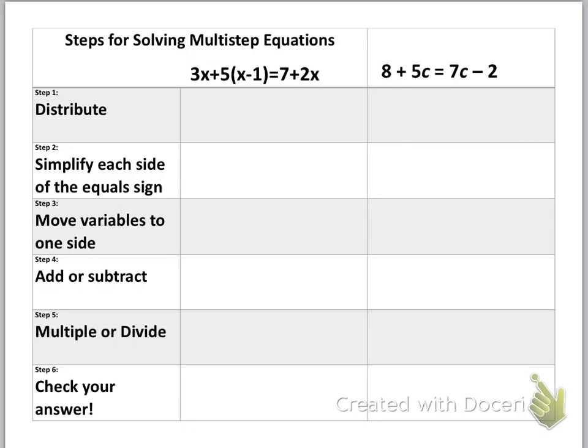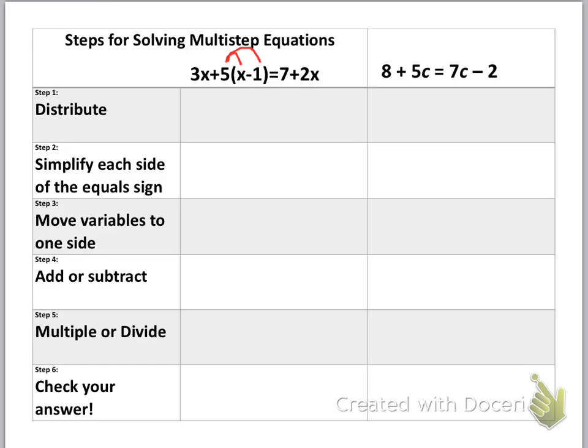Alright, now this is going to be the inside of your foldable. You're going to show, using these examples, these steps. So you might have room for both, you might only have room for one. So the first example, 3x plus 5 times the quantity x minus 1 equals 7 plus 2x. The first step is to do the distributive property.